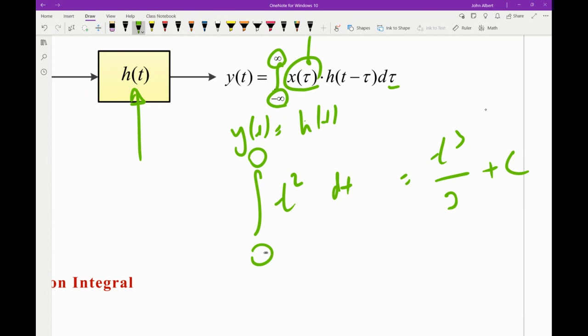But once you put limits in, for example from -3 to 2, or -5 to 5, or -infinity to infinity, then you have to substitute for t, and the output will no longer have t. Whenever you have definite integration, whenever you integrate with respect to any variable, the output does not have that variable.